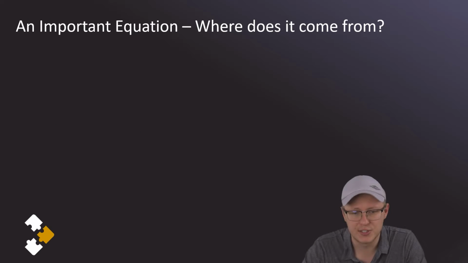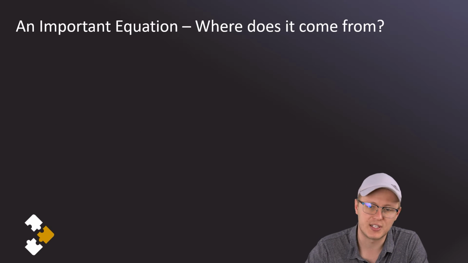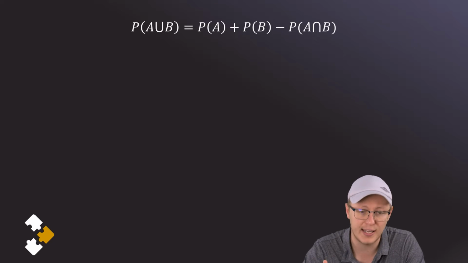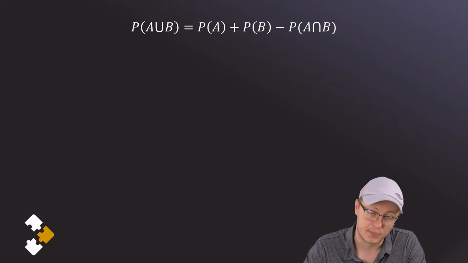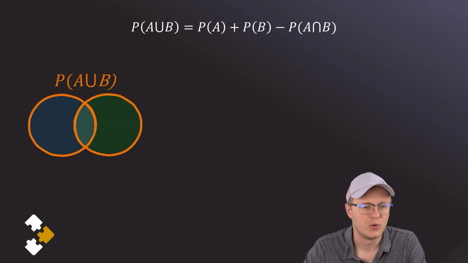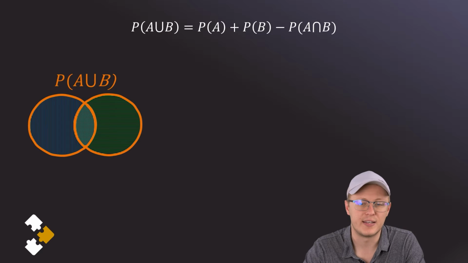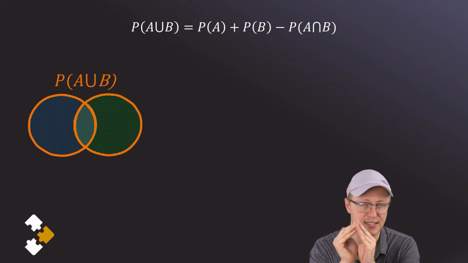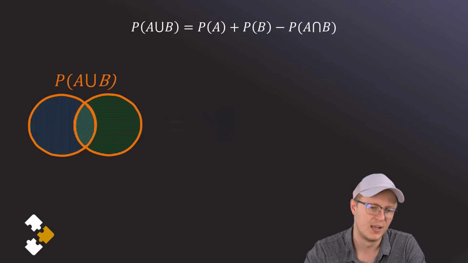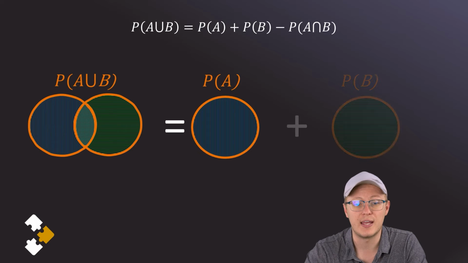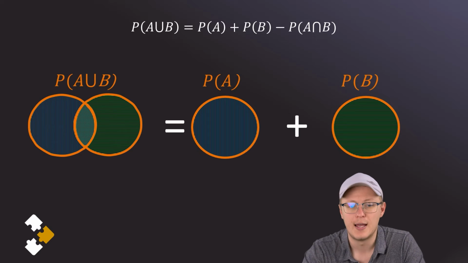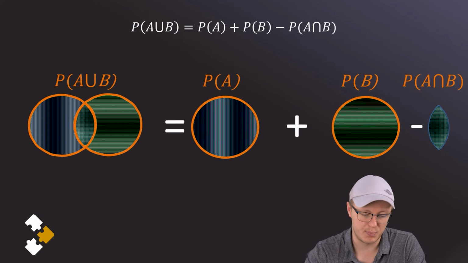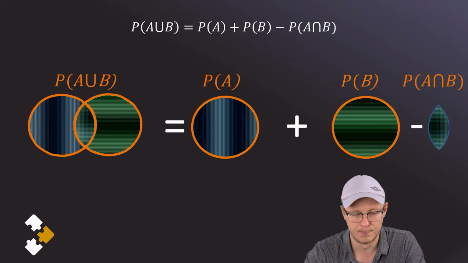So we've got this important equation, and the question is, where does it come from? So here's the equation: the probability of A or B equals the probability of A plus the probability of B minus the probability of A and B. So we said that A or B is that part of the Venn diagram. So it's the bit that's only A, the intersection, and the bit that's only B. And that's equal to the probability of A plus the probability of B, and we said minus the probability of A and B. And you'll notice there that A and B is that bit where it actually overlaps.